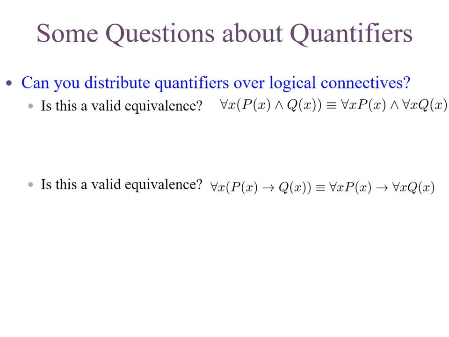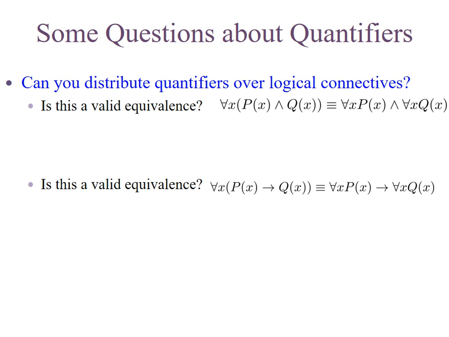So let's see what the meaning of this one is. That means for all x p of x is true, if x is an element of the domain. And then in this domain, all x also has the property q of x. Does that have the same meaning as the first one?